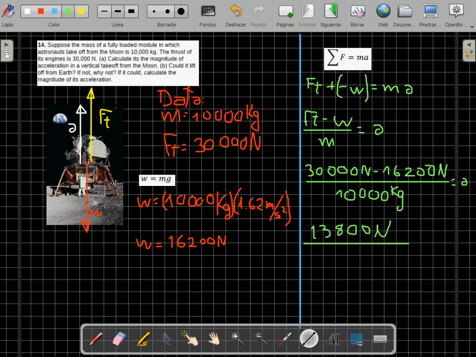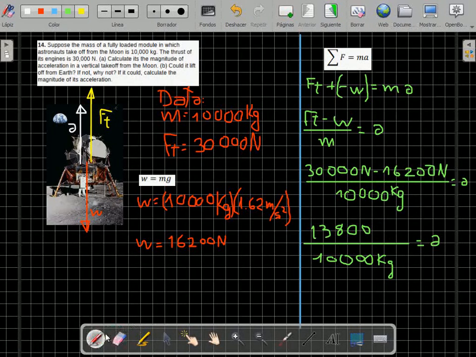Now we have a problem there. As you can see, the acceleration is measured in meters per squared seconds, but there aren't any meters per squared seconds in this exercise. So where are they? Okay, what we can do here is replace that newton by kilograms times meters per squared seconds.